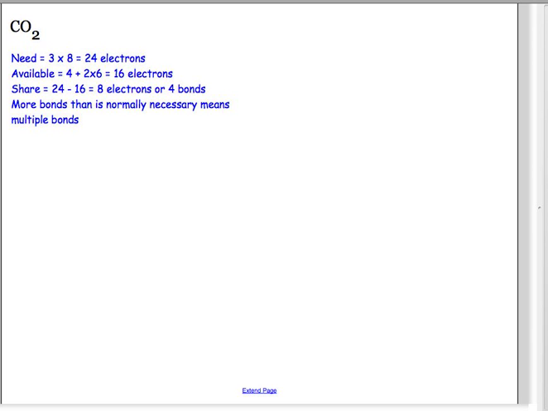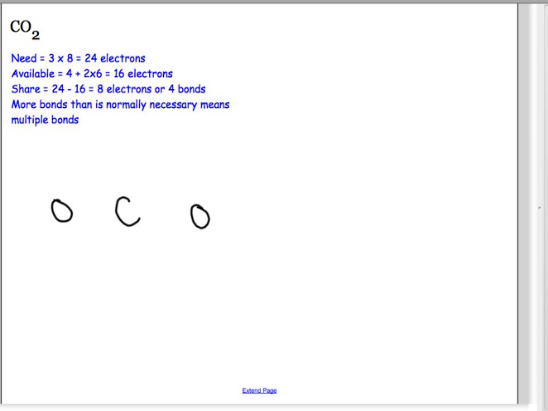So I'm going to show you the most likely one, and then eventually we'll talk about formal charge and stuff. But for right now, the most likely thing again is we have carbon, so the carbon will be in the middle. And the most likely thing is our oxygens are on either side. Most things go with symmetry, not always.